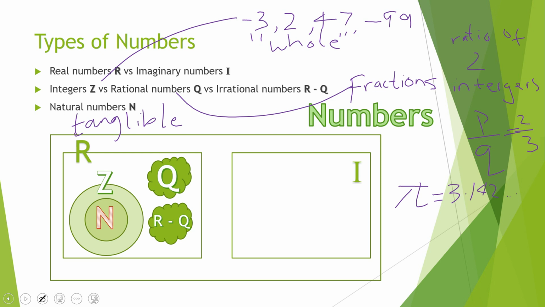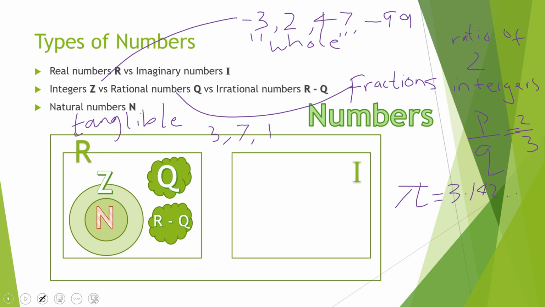So for example, 3 eggs, 7 phones, or 1 banana. You can't have -3 of a banana, you can't have -7 of trees, you can have 0 of a pencil, but it's not tangible. You can't touch it. So by definition, natural numbers are something which exists in nature.